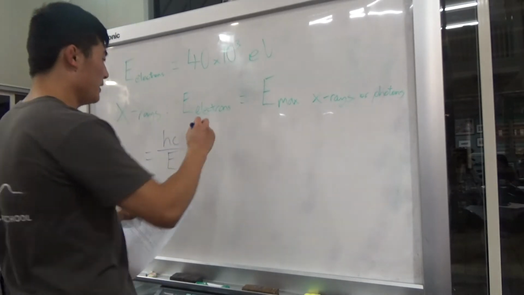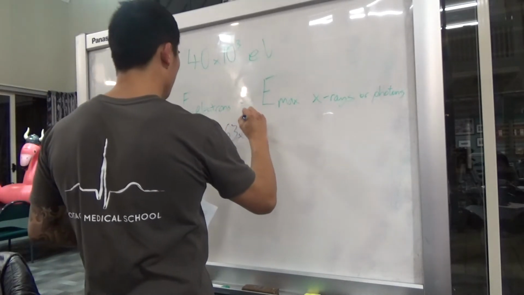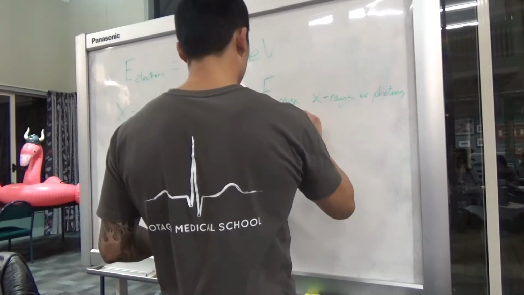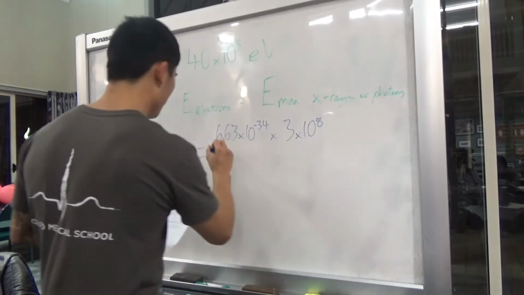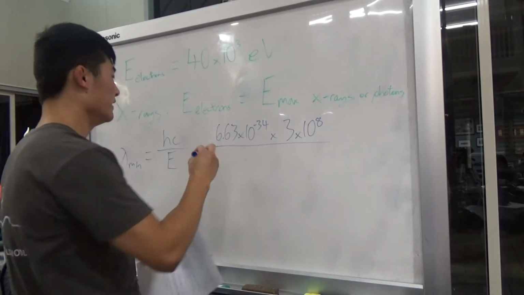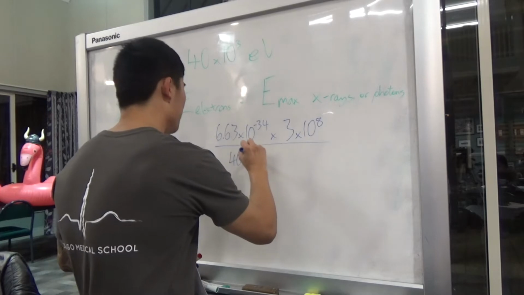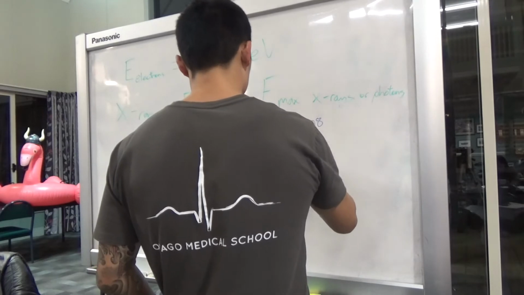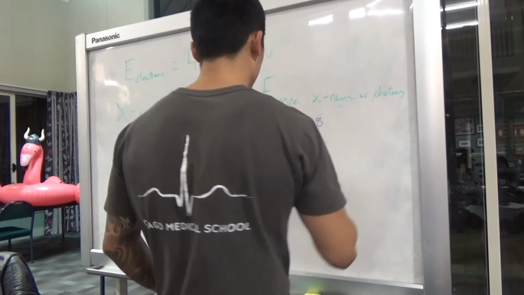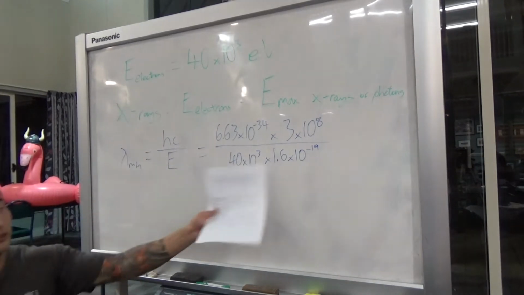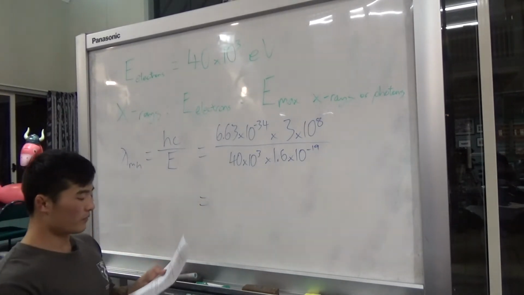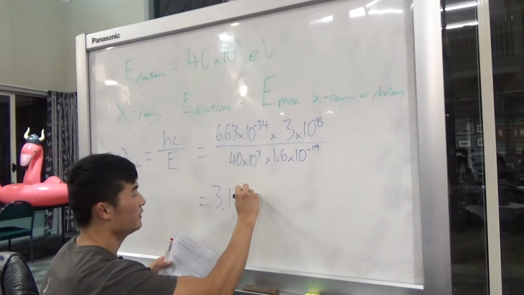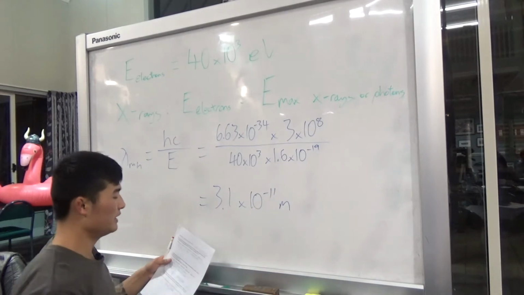H is Planck's constant, 6.63 times 10 to the negative 34, times c, the speed of light in vacuum, divided by our energy, 40 times 10 to the power of 3, converted into joules by multiplying by 1.6 times 10 to the negative 19. That gives you 3.1 times 10 to the negative 11 meters.